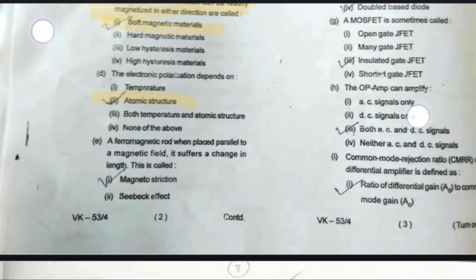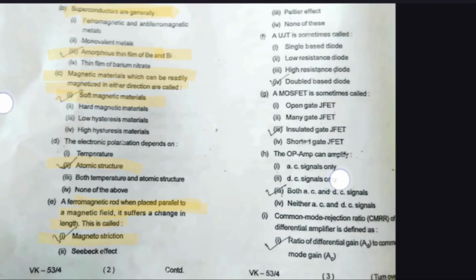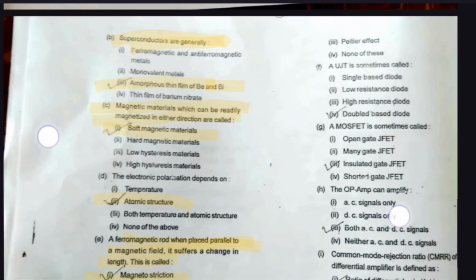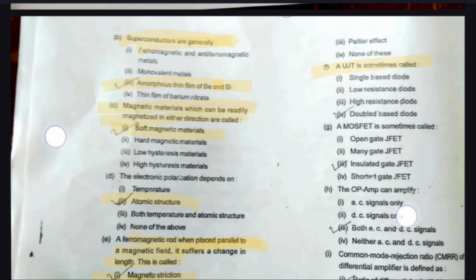And question number E, a ferromagnetic rod when placed parallel to a magnetic field suffers a change in length. This is called magnetostriction. And question number F, a UJT is sometimes called a double base diode.